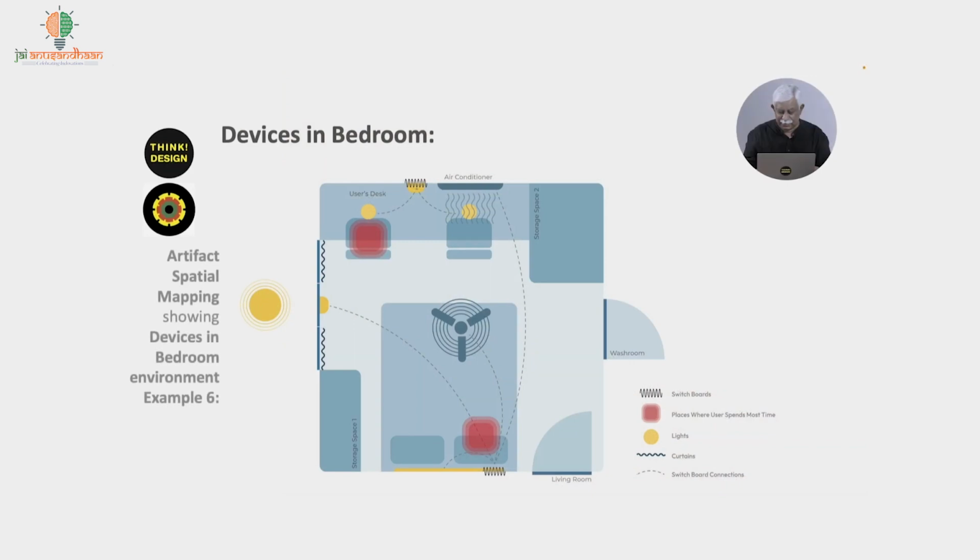Or for example, this is an example of devices within a bedroom. So the project was to look at a smart way of interacting with the objects or the devices inside the bedroom. So all the objects and devices, you can see the fans, the lightings, the sun outside, the curtain, the workplace on the top, and the bedroom and the interconnected rooms.